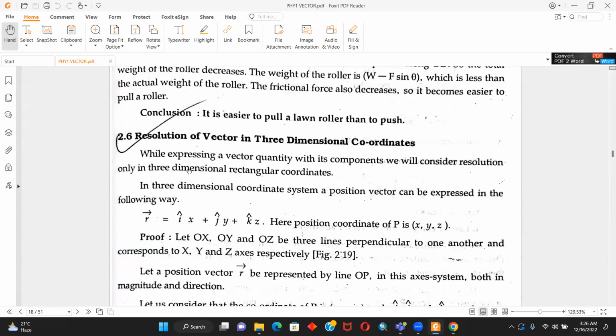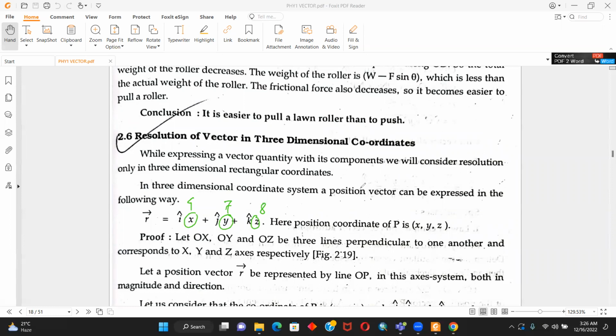All right, so in case of any three-dimensional vector, the way we try to show it is i hat x plus j hat y plus k hat z. That means coordinates will be given. Say x's value could be 4, and y's value could be say 7, and z's value could be 8.